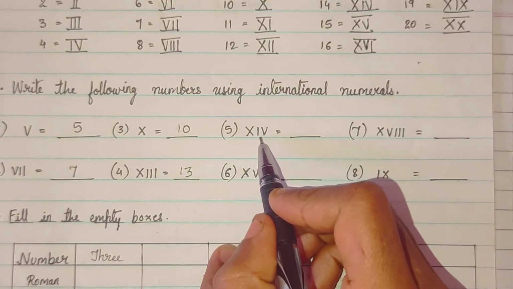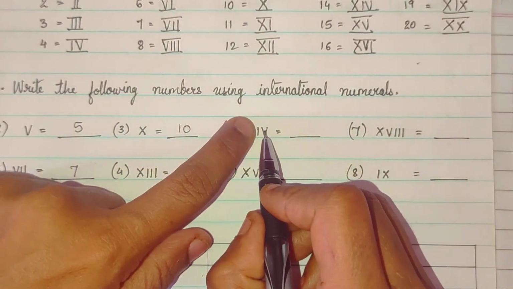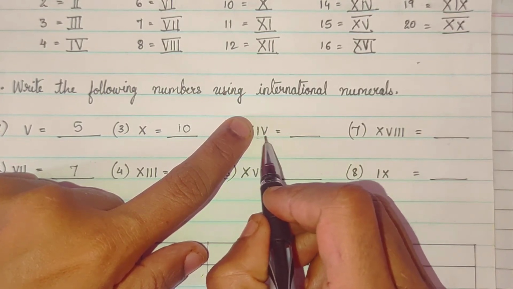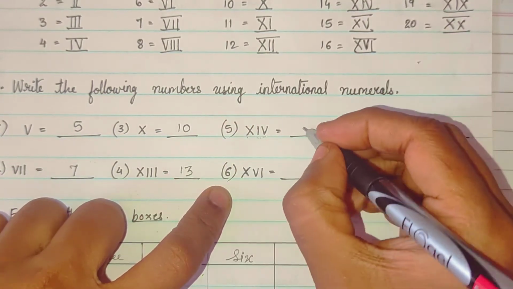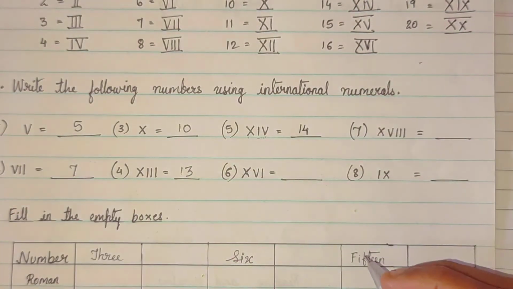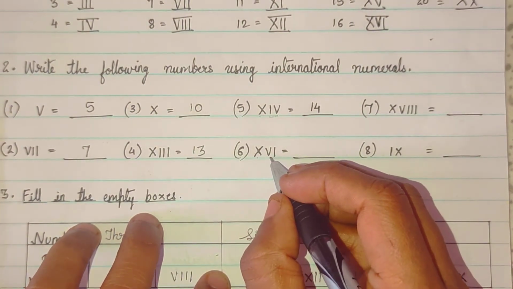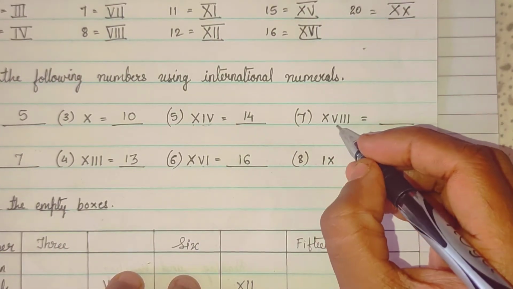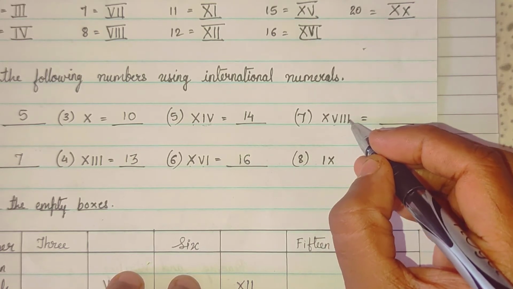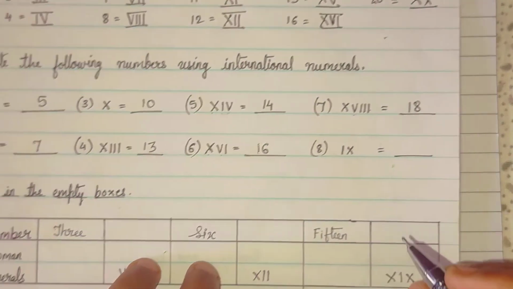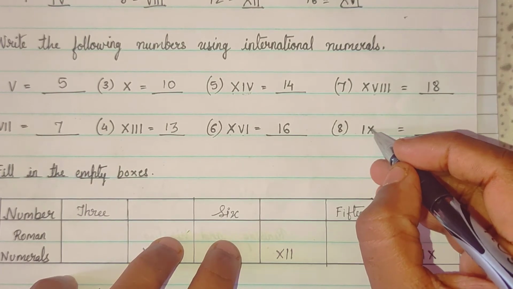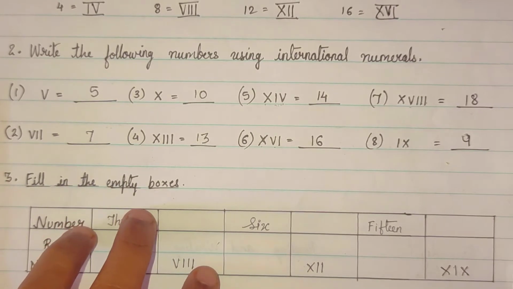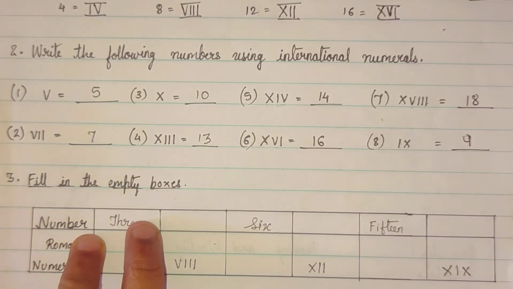Now 10 plus, this is the symbol of 4: 1 before 5, so 5 minus 1, 4. So 10 plus 4, 14. Then 10 plus 6, 16. 10 plus 8, 5, 6, 7, 8, so 18. And this, 10 minus 1, 9. Okay, so these are the answers.